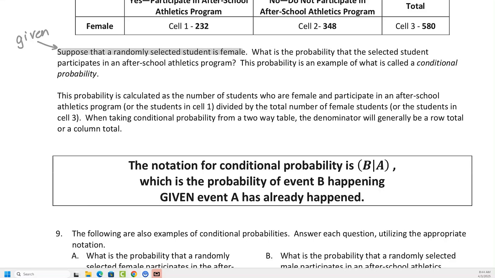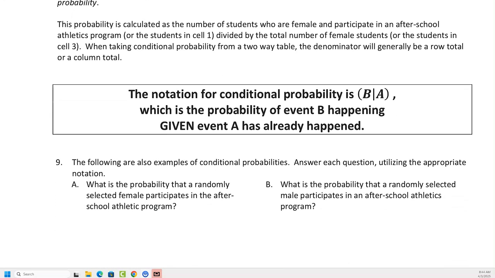When taking conditional probability from a two-way table, the denominator will generally be a row total or a column total. The notation for a conditional probability is B, then that straight line, then A. And that straight line means given.